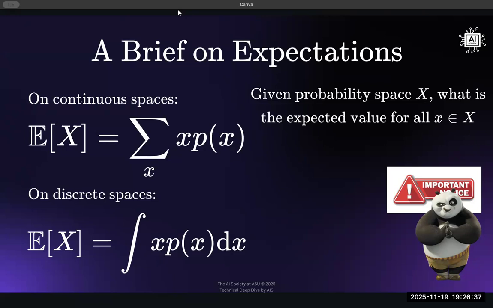So an expectation in this case would just be an average over a random variable, or an average over the rewards that we obtain over some episode, for some amount of time. It can be discrete or continuous. These are flipped, actually: it should be discrete on the top and continuous on the bottom.